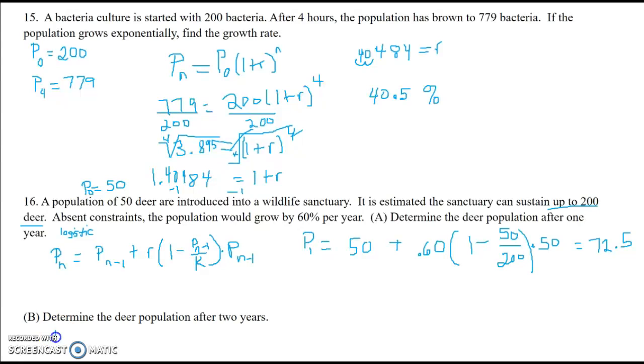So what about the deer population after 2 years? So that's P sub 2. So that's going to be P sub n minus 1, or P sub 1. So 72.5 plus 60%, or 0.60, times 1 minus 72.5 over 200 times 72.5.